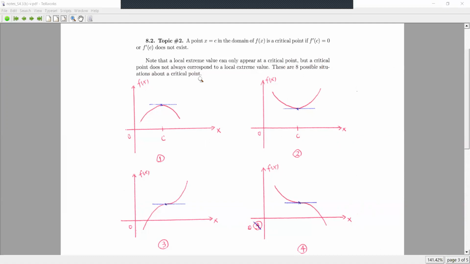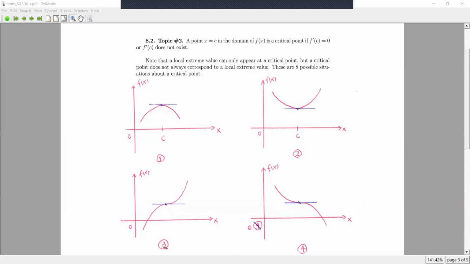About critical points, there are 8 cases. Case 1, C is a critical point because the derivative at C is 0. The tangent line at C is horizontal. In this case, the function has a local maximum. Case 2, C is a critical point because the derivative at C is 0. In this case, the function has a local minimum.